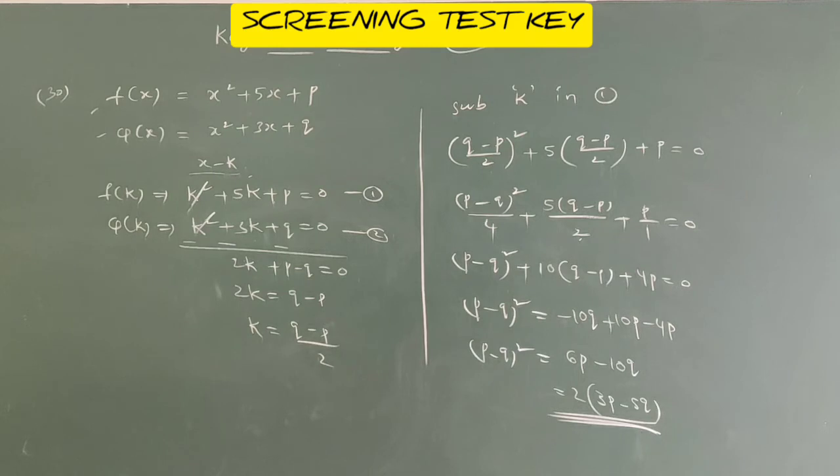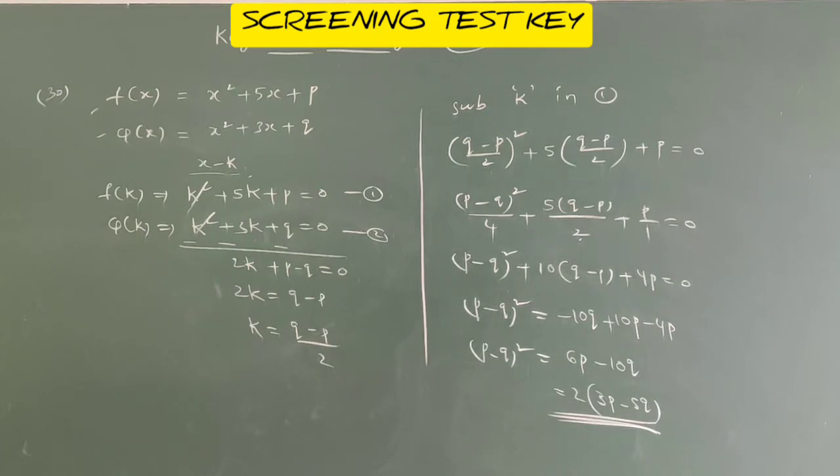If you substitute the k in 1 or 2, I substituted in 1. Then you will get q minus p by 2 whole square plus 5 into q minus p by 2 plus p equal to 0. LCM 4. 4 into 0 is 0 only, that's why I didn't write it on the LHS.